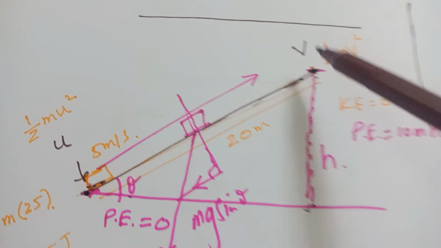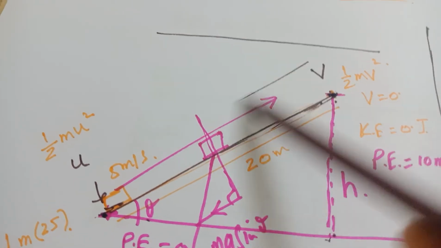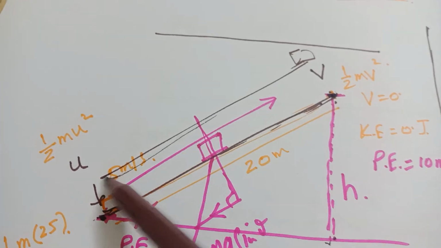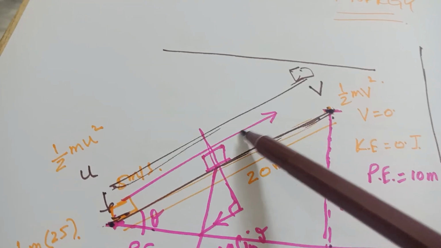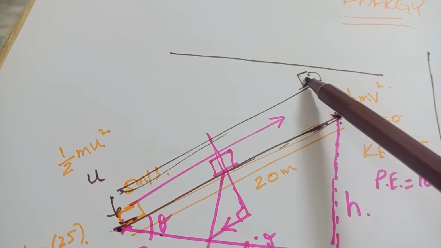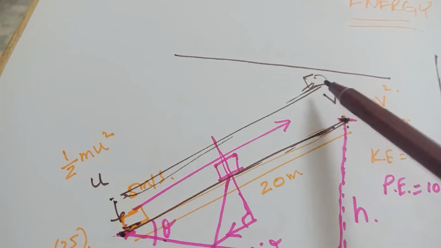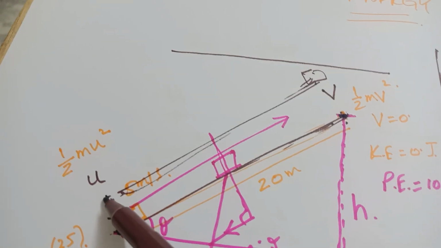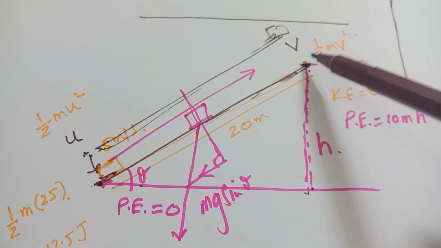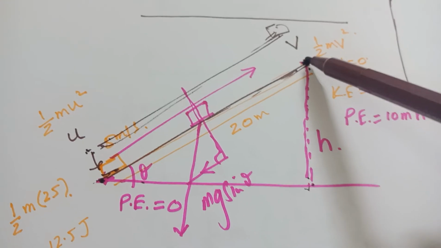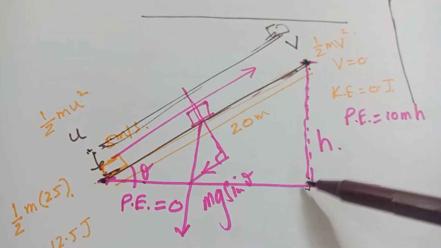Now imagine if the particle was moving downwards from this position to this position. For example, you just drop it from this level, so it will speed up while going downwards. What will happen to its kinetic energy? The kinetic energy will increase. And what will happen to its potential energy? The potential energy will decrease.